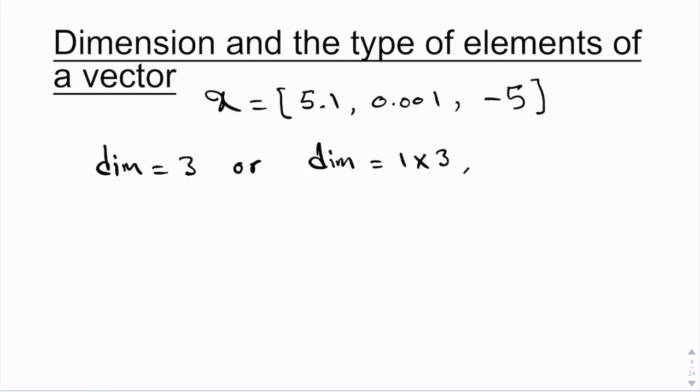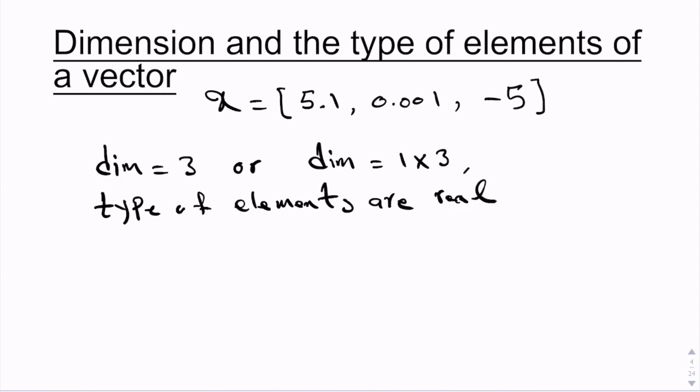And the type of elements are real numbers. We also use the blackboard letter R to denote the real numbers.